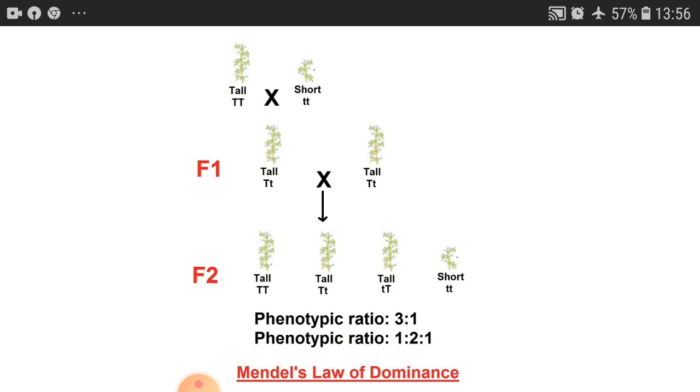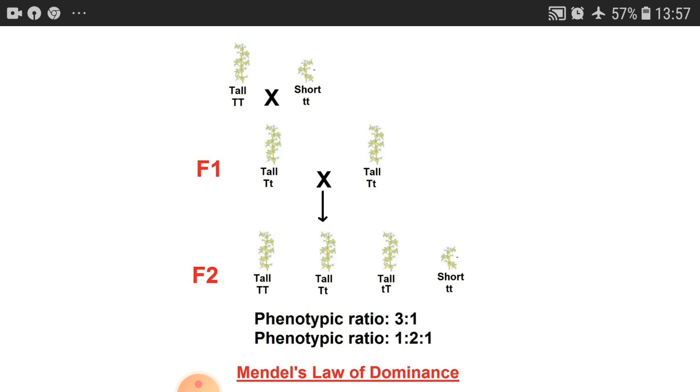Obviously, the plant was taken as a whole, but the focus was on a single character. So, the breeding experiments dealing with the single character, we call them monohybrid cross. In these experiments, only one character or trait is at focus.